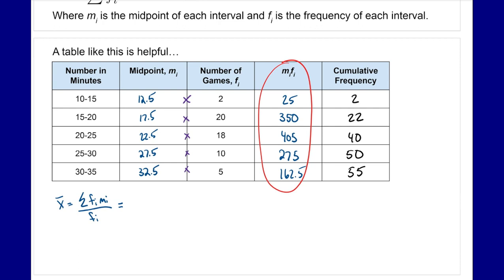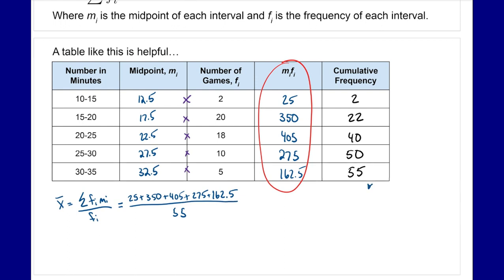So we have 25 plus 350 plus 405 plus 275 plus 162.5, plus all divided by 55, which is the sum of the frequencies.